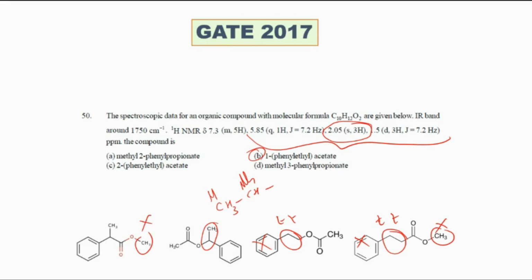Both of these are triplets, so we can rule out these two. I can rule out option C and option D based on that.